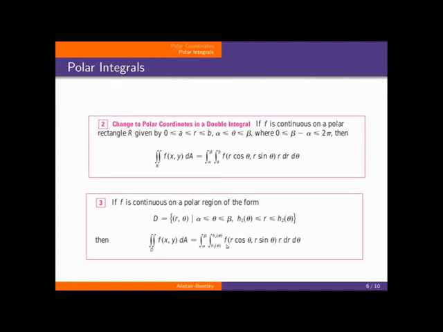Again, in the function, every time we see an x-coordinate, we're going to replace it by r cosine theta, and every time we see a y-coordinate, we're going to replace it with r sine theta. And again, it's very important that we don't forget when we're taking dr d theta to add that r value.